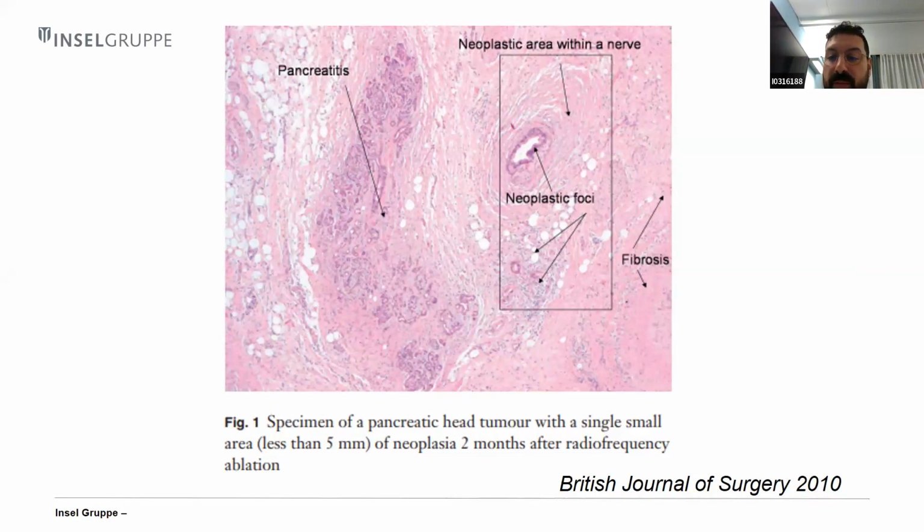I find it interesting because it shows histologically the fibrosis and necrosis in the sample tissue here. Here you see on the right-hand side all the fibrosis, and in this case, a single small, less than 5 millimeter area of neoplastic cells was still to be found.